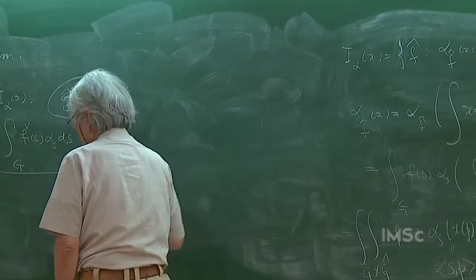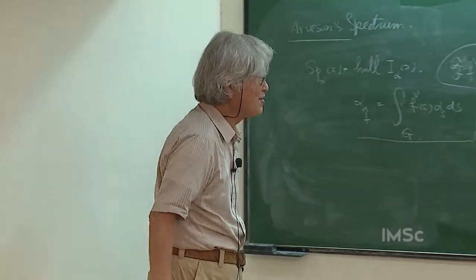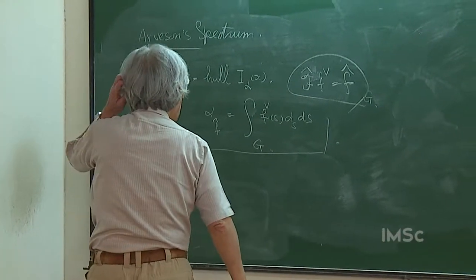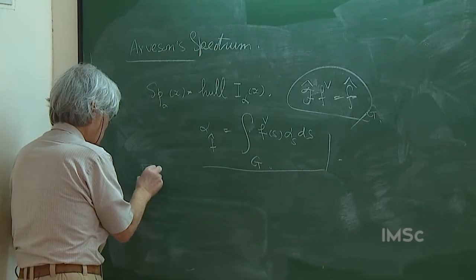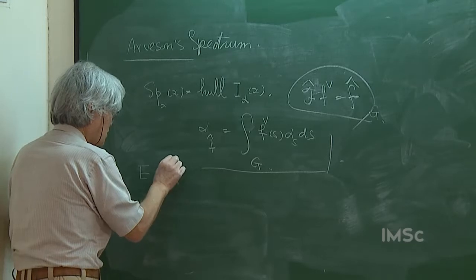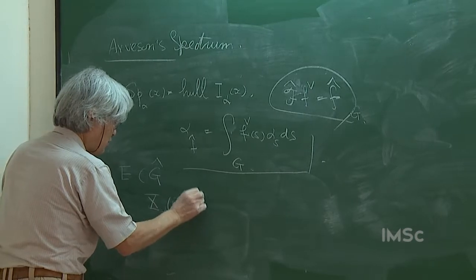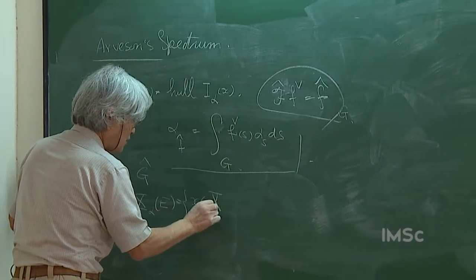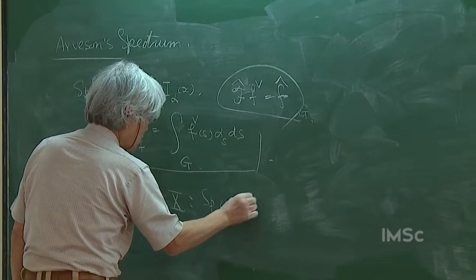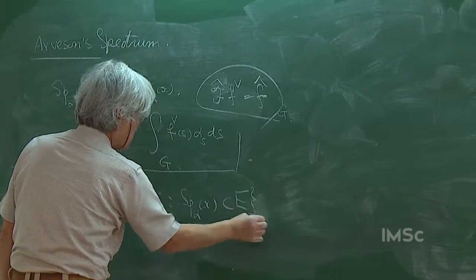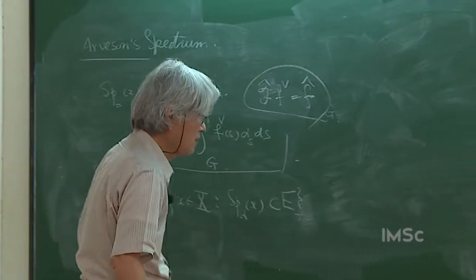Because the duality is not modular, those confusions are unavoidable. Okay, now for a closed subset E in G hat, X alpha of E is those x in X such that the spectrum alpha of x is contained in E.